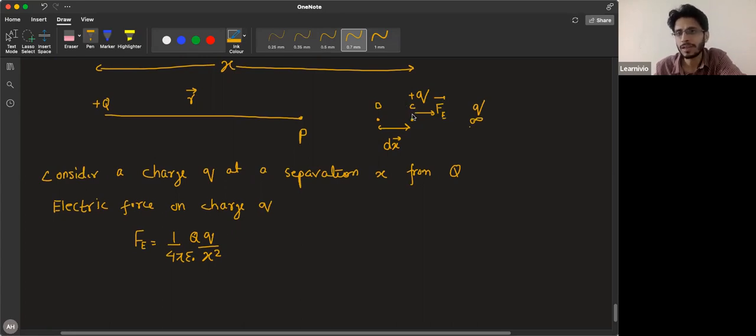But I want to bring charge q from C to D. So to bring charge q from C to D, we apply an external force on charge q.